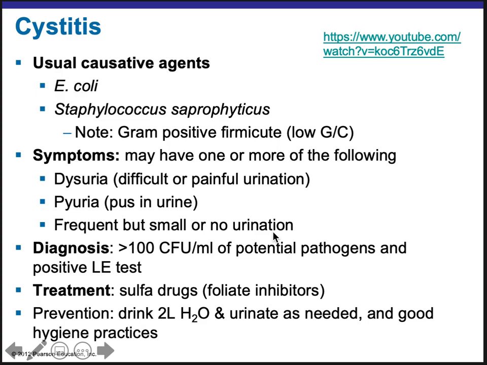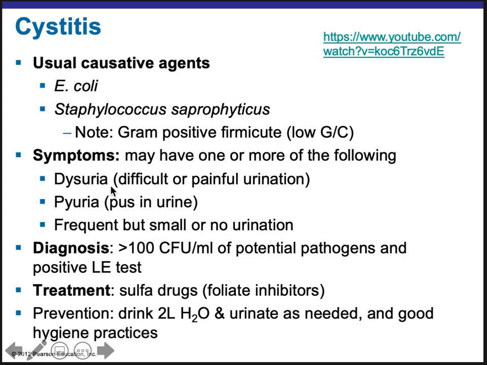You've already gone and emptied your bladder, and then you still feel like you need to go. And typically it's also a painful, burning feeling when you do try to urinate or when you do actually urinate. You may or may not notice that your urine looks different. It could look cloudy, but because we urinate into toilets, it's not always obvious.